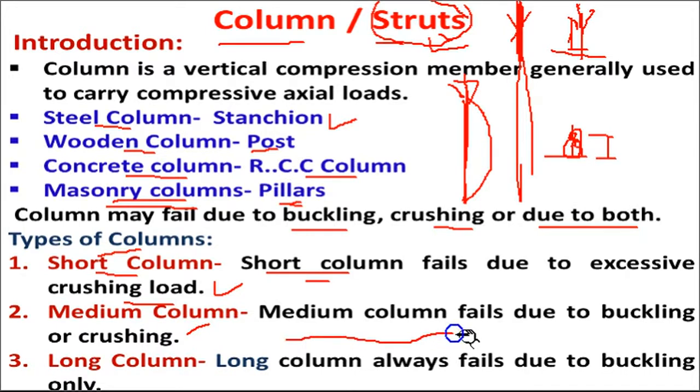Such a medium length column may fail due to buckling or crushing, in it buckling can happen or crushing can happen. That we cannot predict. And a long column is one whose length is very much. Such columns generally fail due to buckling only. So these are the three major differences. Short columns fail by crushing, medium columns may fail by crushing or buckling, and long columns fail just due to buckling.